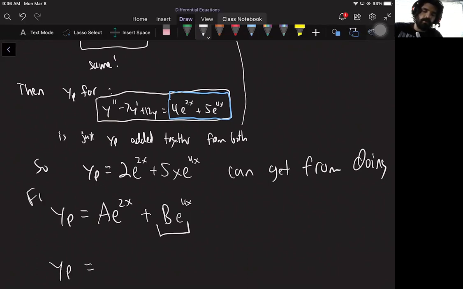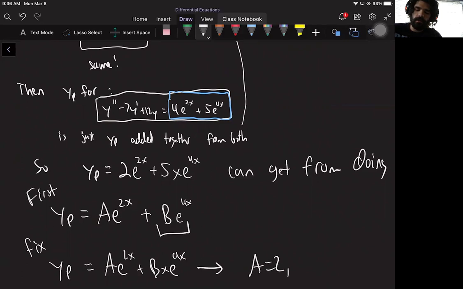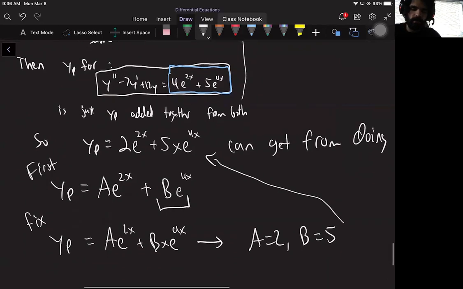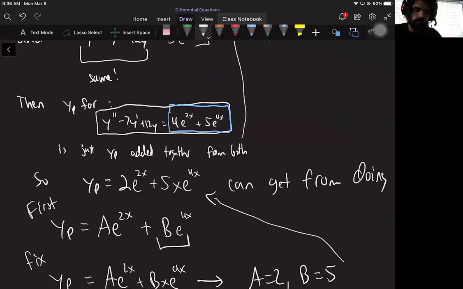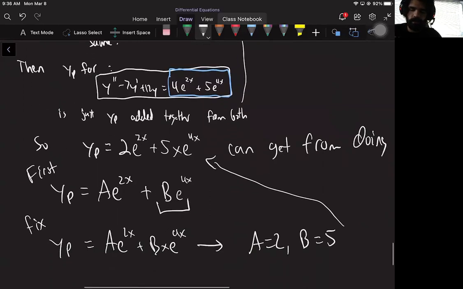So this would just be my first guess, but then I would fix it by fixing that piece. If you did this, you would end up with a equals 2 and b equals 5. If you plug that back in with its derivatives to the differential equation and solve for a and b, you would get the same thing as this.